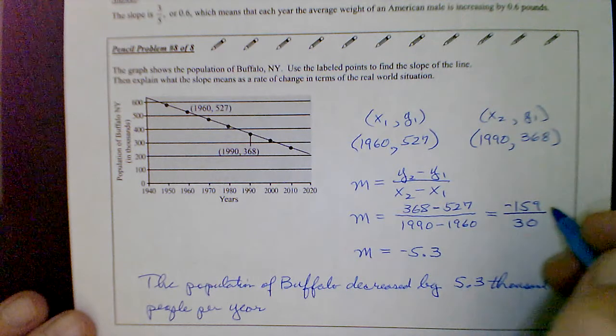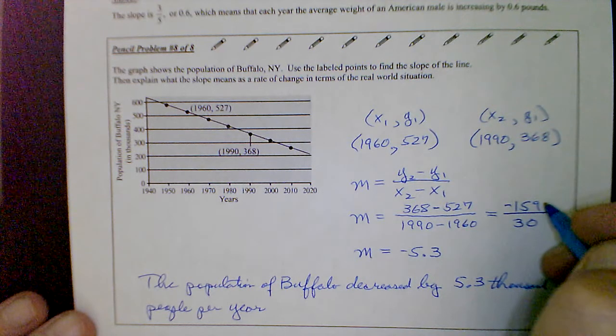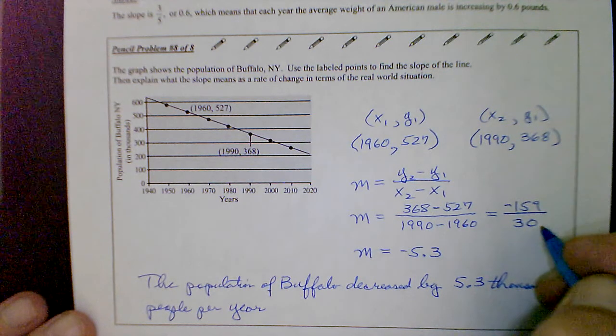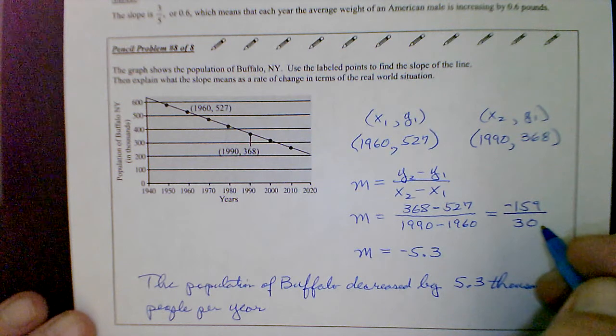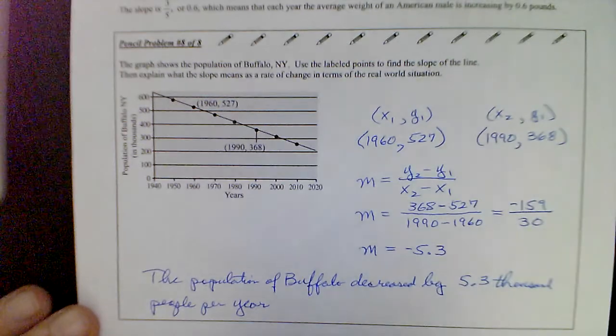Because that's what this represents. The number on the top represented the thousands of people, and the number on the bottom represents the number of years.